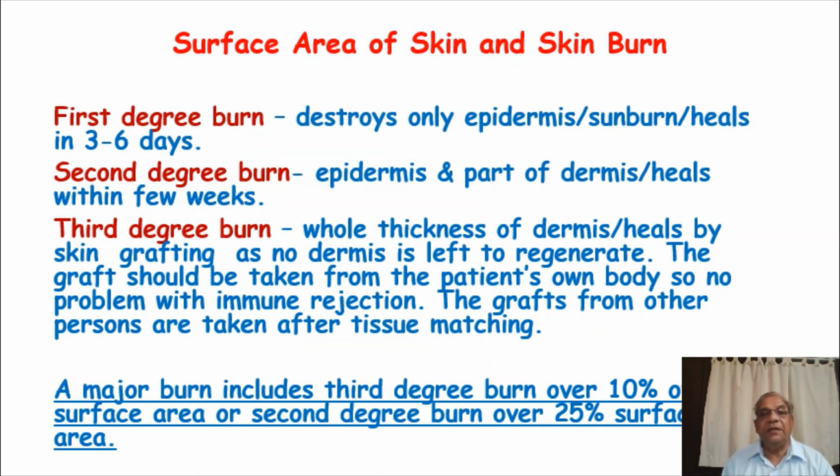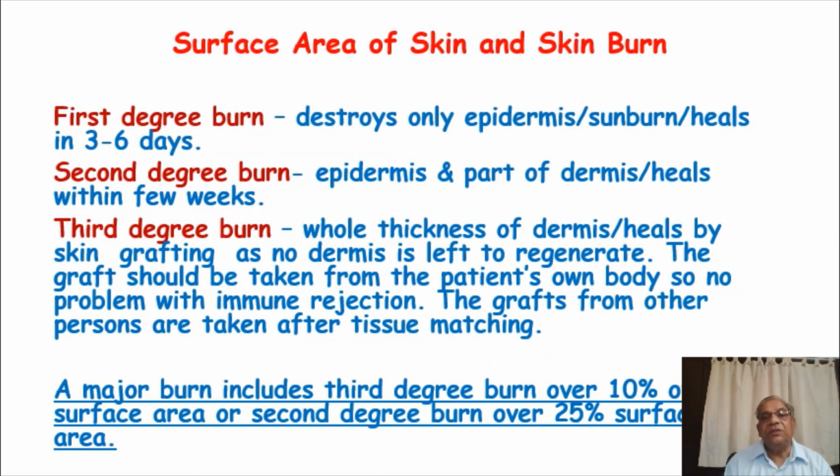On the other hand, if the burn is of second degree, where only the dermis is destroyed partially, not fully, and if the burn surface area extends up to 25% of the total body surface area, then this is also considered major. So just compare 10% with the third degree burn, and 25% surface area with the second degree burn, are considered major burns.